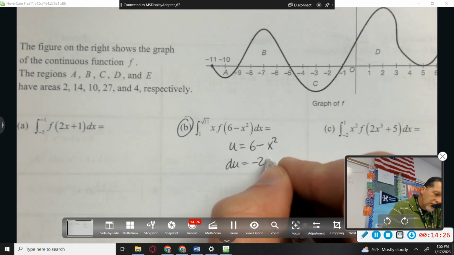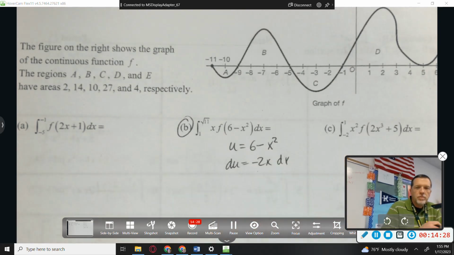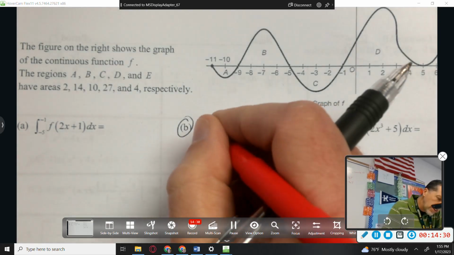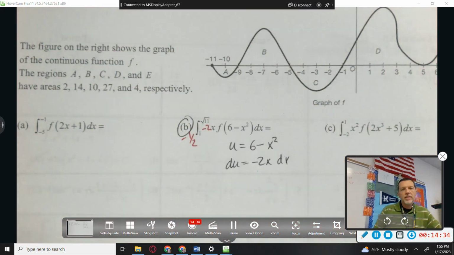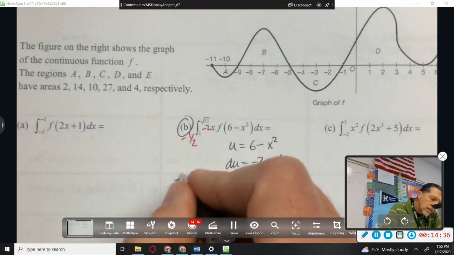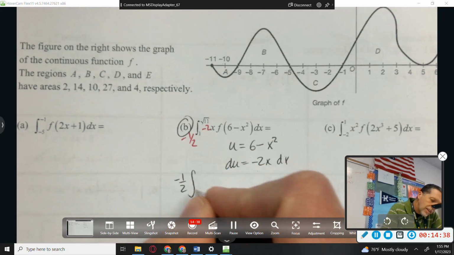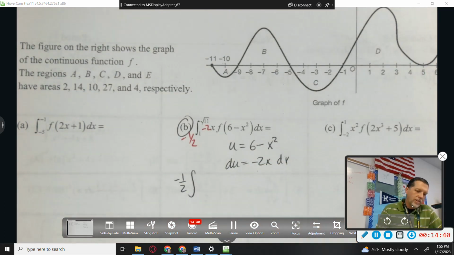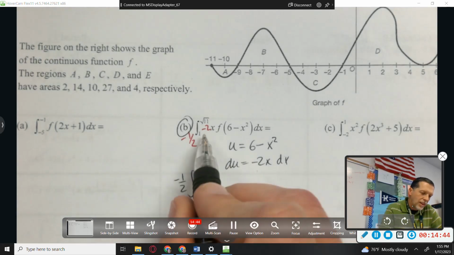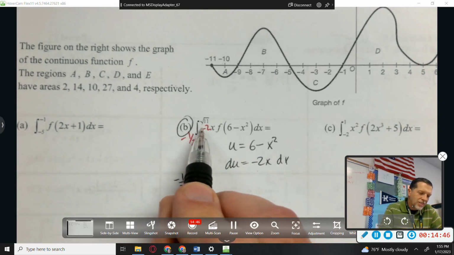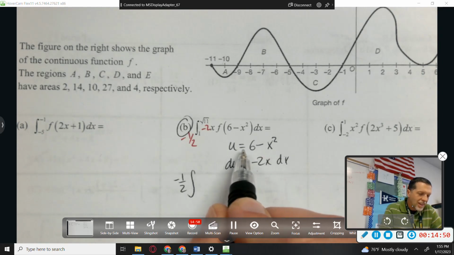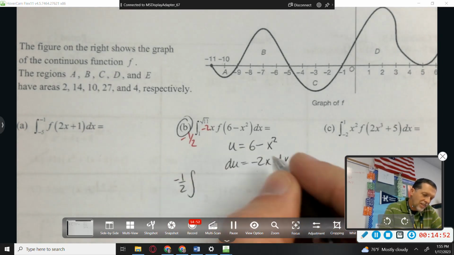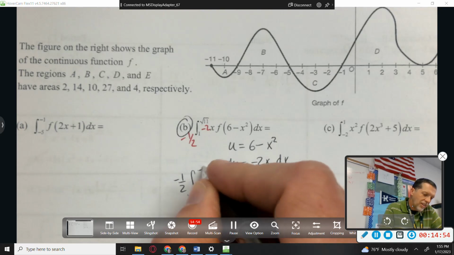du is negative 2x. Simple enough fix. Negative 2 and negative 1/2. So negative 1/2 antiderivative. Okay, we got to change our limits. Square root 11 looks awful, but when we plug it in, 6 minus 11 is negative 5.